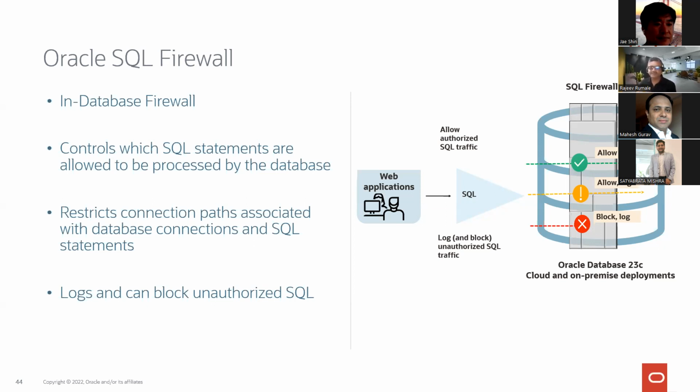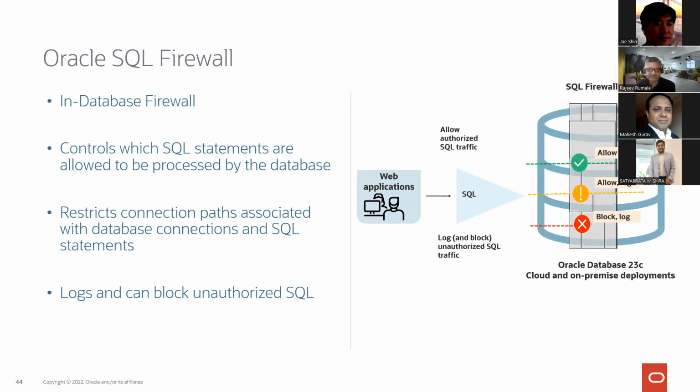But the SQL will be pretty simple. When you are running existing defined reports, the SQL will be pretty standard, right? But if somebody comes and tries to access something else, the SQL will be very different, right? So the SQL Firewall can recognize those SQLs and stop them, right?